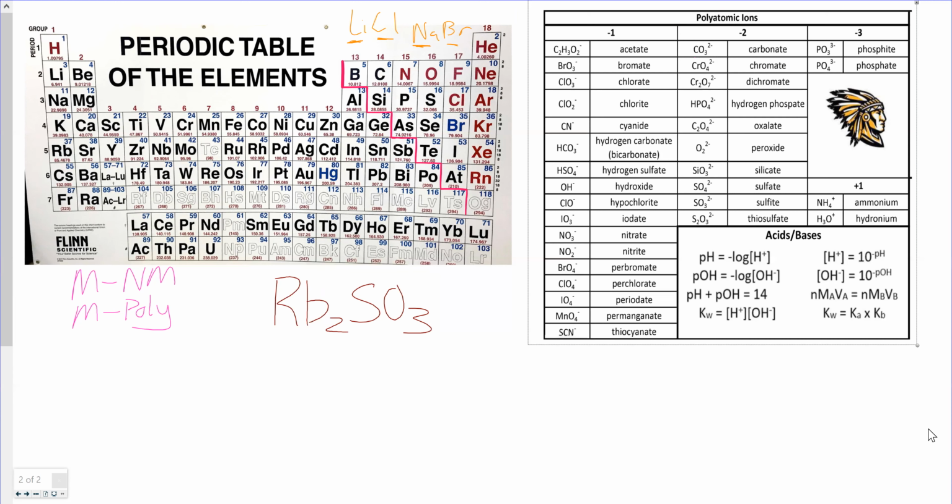The rest of it must be a polyatomic. I put Rb2. But remember, your numbers do not matter.